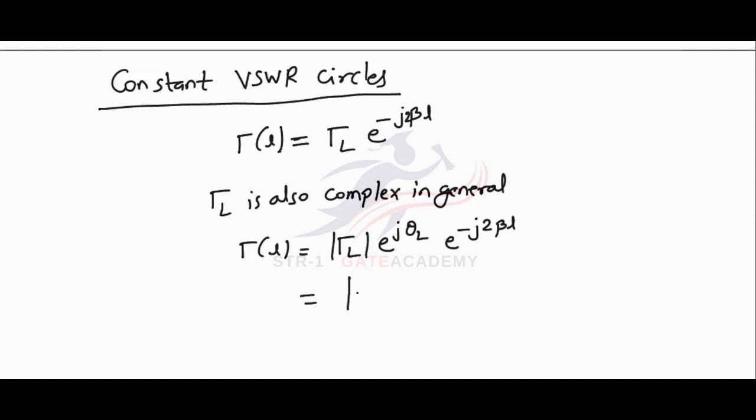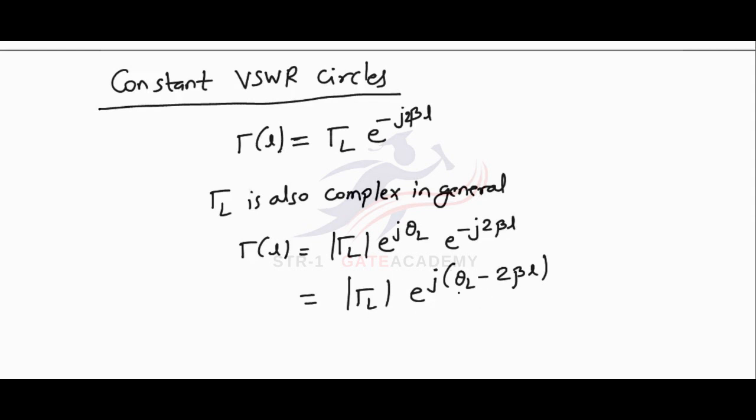And this can be written as mod of tau L into e power j (theta L minus 2 beta L). Now, this mod of tau L represents the radius, and theta L minus 2 beta L represents the angle.